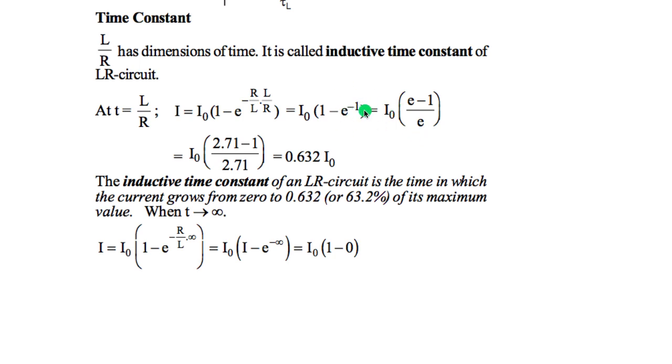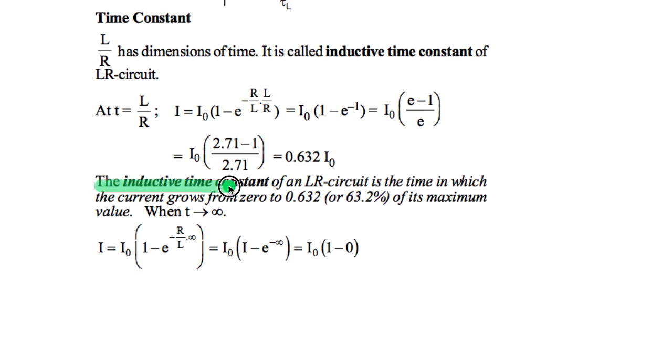Taking e to the power minus 1 as 1 by e and cross multiplying, we get e minus 1 divided by e. Substituting the value of e and simplifying, we get the current equal to 0.632 times the peak current. That is called the inductive time constant.